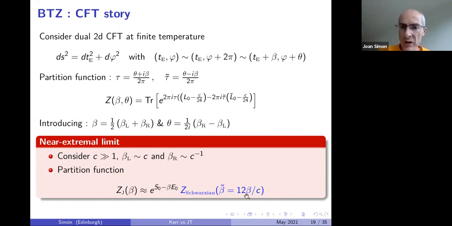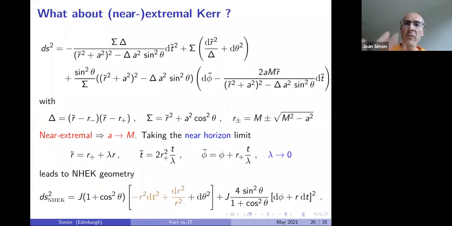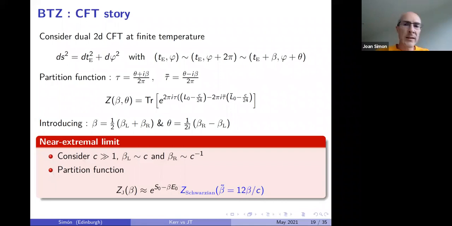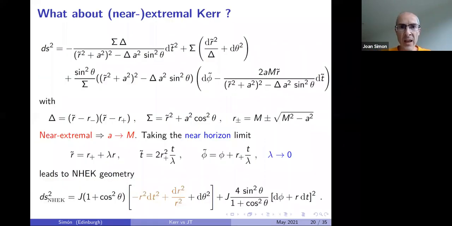And this reproduces the calculations in JT gravity or in the Schwarzian effective action. So you have managed to understand this in a setup where we have a lot of technical control. And well, I guess that some people feel satisfied about that. Some other people would just say that this is large C. So you decide in which camp you want to be.